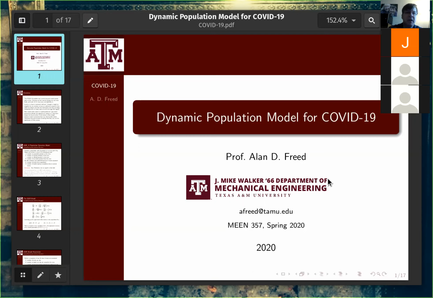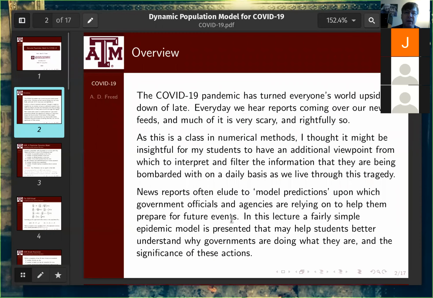I want to explore this and show you things that you can solve using the tools that we have, and also to give you some insight. So we're going to talk about dynamic population models, and specifically we're going to look at this COVID-19 business that everybody's talking about.